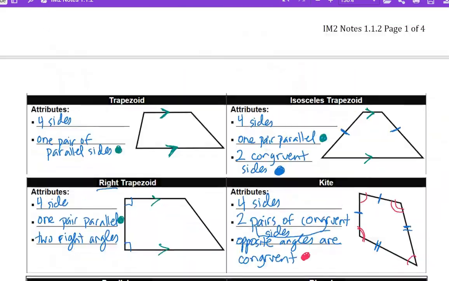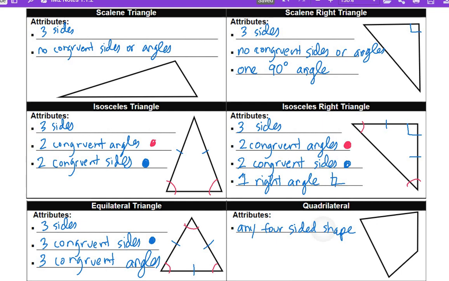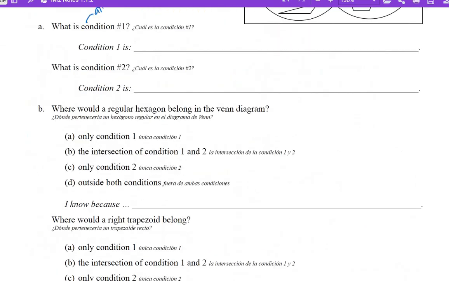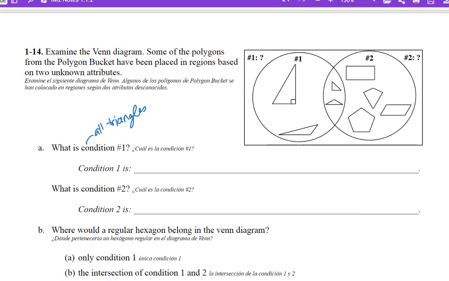What do all triangles have in common? 3 sides. All triangles have 3 sides. Okay, I think that's it. I think condition 1 is that it's a 3-sided polygon, as in a triangle.